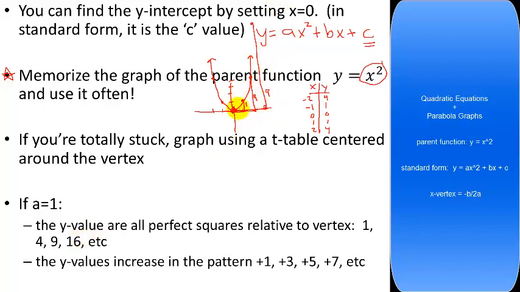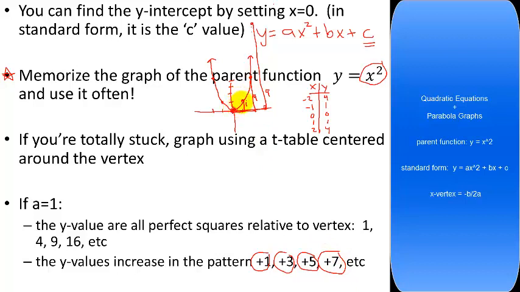But you could also think of these points relative to each other. So the first one, I went up plus 1, from 0 to 1. Then the next one I went from 1 to 4, which from here to here is plus 3. Then I went from 4 to 9. Well, that's plus 5. Then I would go from 9 up to 16. Well, that's plus 7.